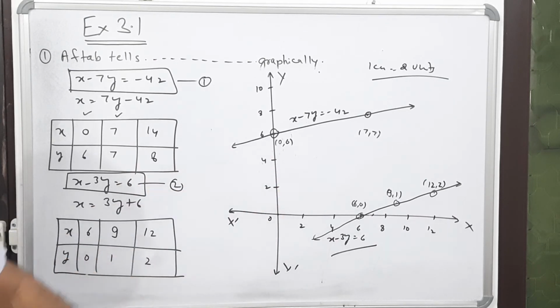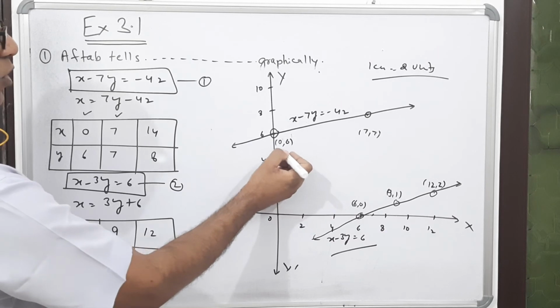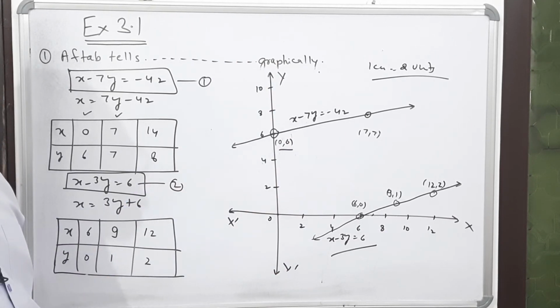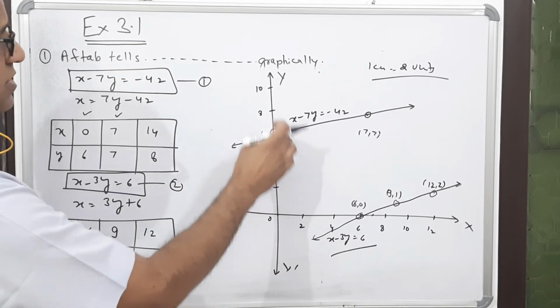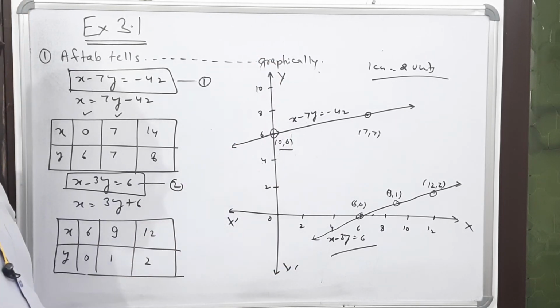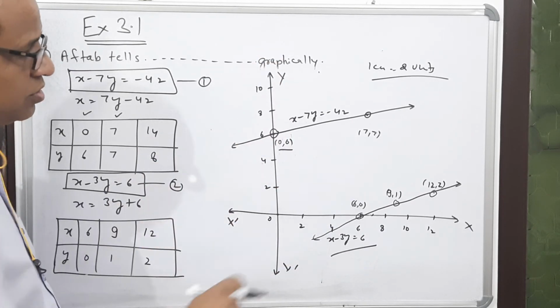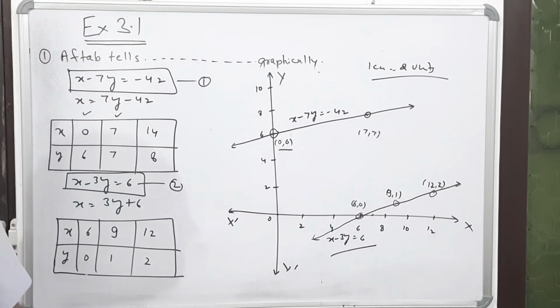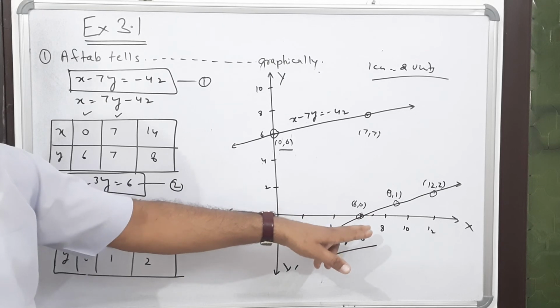There are a few things we observe here. Small objective questions can be framed on this graph. 0, 6 is a point which lies on the y-axis because the x coordinate is 0, and 6, 0 lies on the x-axis because the y coordinate is 0.